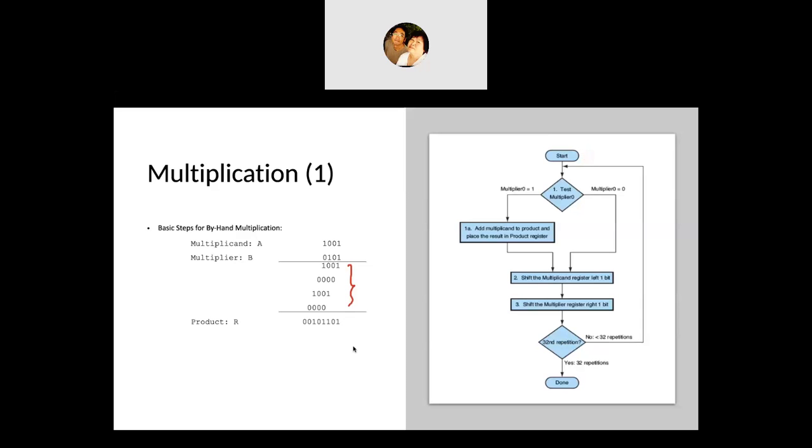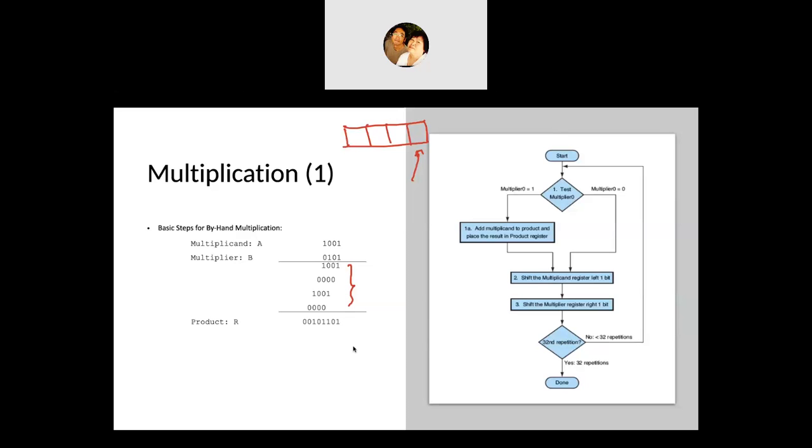First, we have to test the multiplier at bit 0. Multiplier 0 here means bit 0 of the multiplier. What does it mean, bit 0? If you have 4 bits, in this case, we have 4 bits, this is multiplier 0, bit 0.